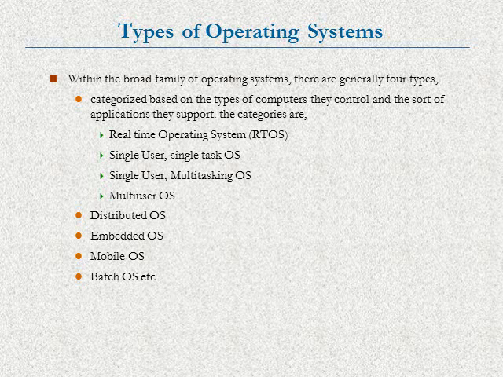And then we have the batch operating system. I'm not sure whether you are familiar with this word, batch. In earlier versions of Windows, we usually had a file with the extension BAT, batch. We call that a batch file.